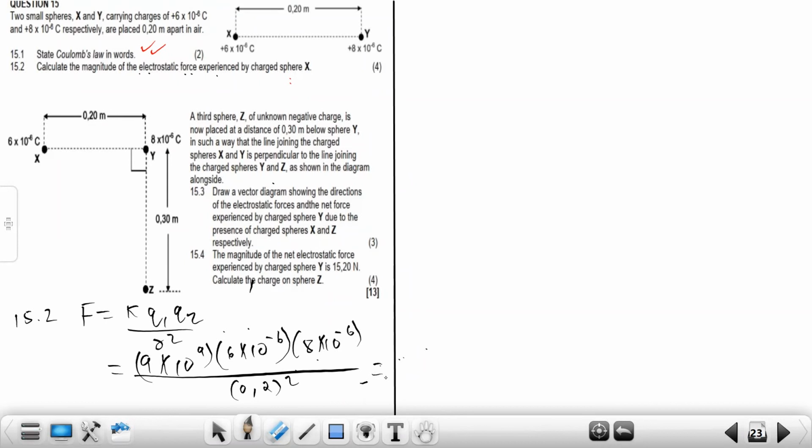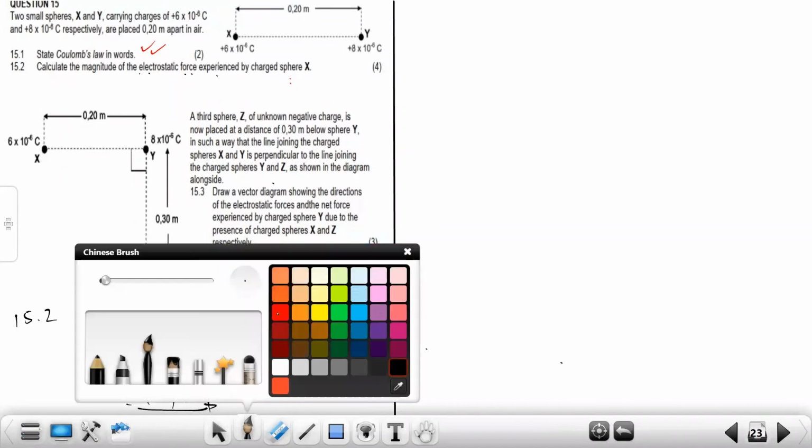And I find my final answer as something like 10.8 newtons.